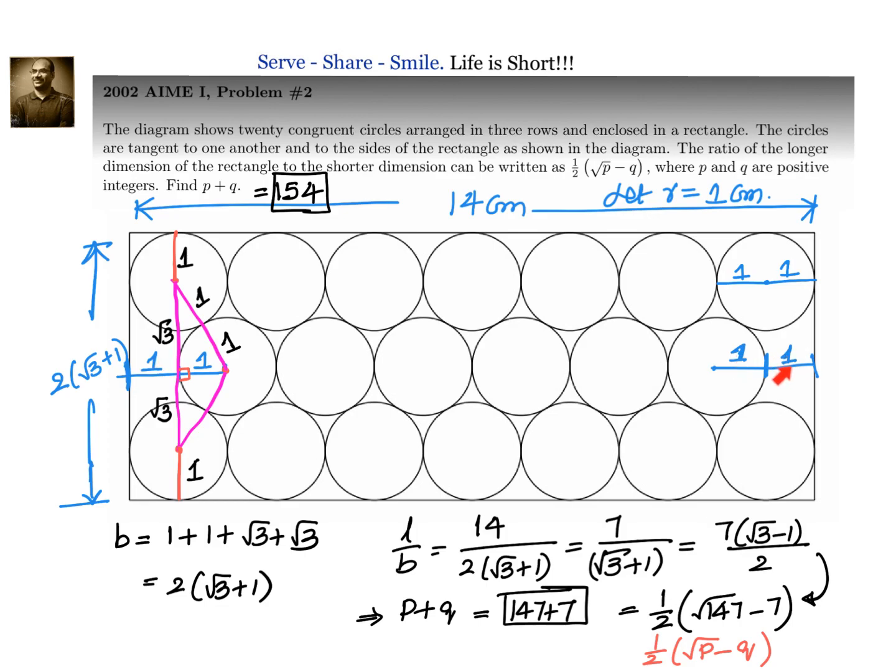That means the gap we have is 1 and 1. And from the center this is 2, that means this distance is 1. Now you join the centers of these 3 circles, and you can observe a right angle triangle with sides 1, root 3, 2. That means this side is root 3 here, and 1 and 1 we know already. So the total is 2 into root 3 plus 1. Now write down L by b, convert it into the format that was asked, then find the value of p plus q.